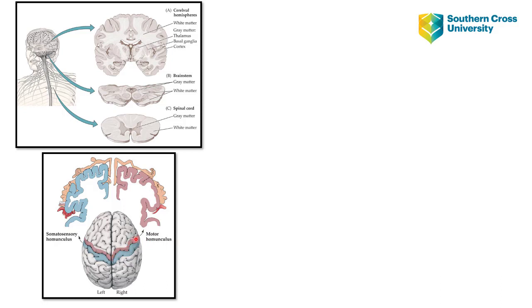Now that's the precentral gyrus. The postcentral gyrus in blue here on both sides is our somatosensory homunculus, or our primary somatosensory cortex. And so any sensation coming from the periphery or the body comes up and ends up communicating in this homunculus, and again it's mapped. So if you have an itch on your face, or you're feeling a tickle on your foot, it goes to a particular location within that somatosensory cortex.